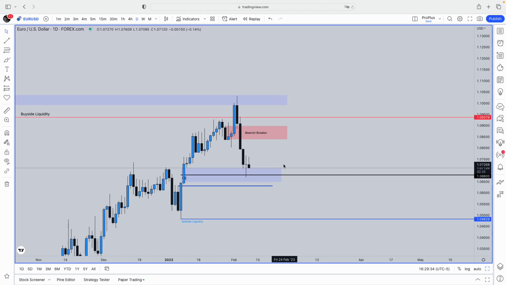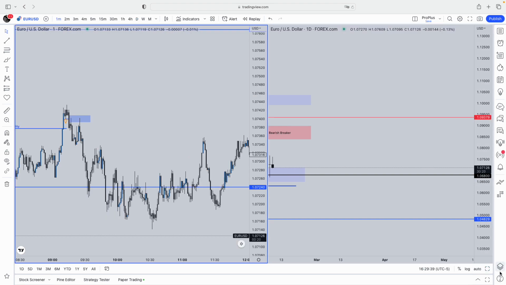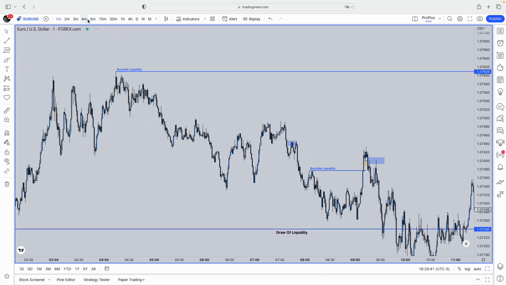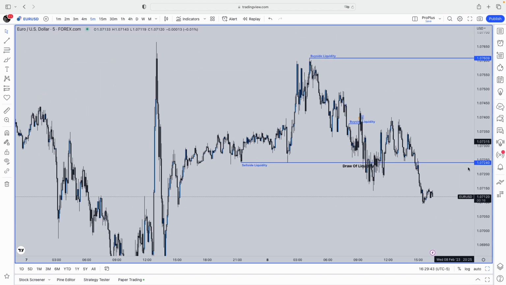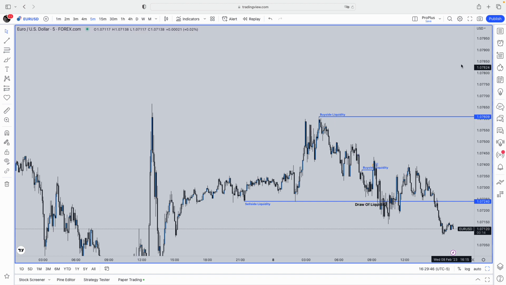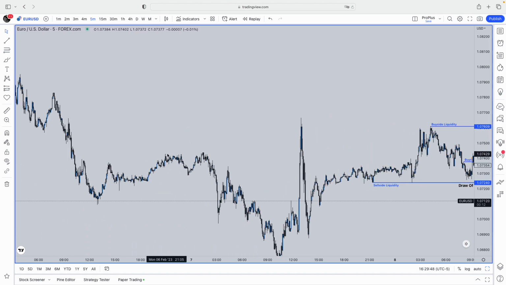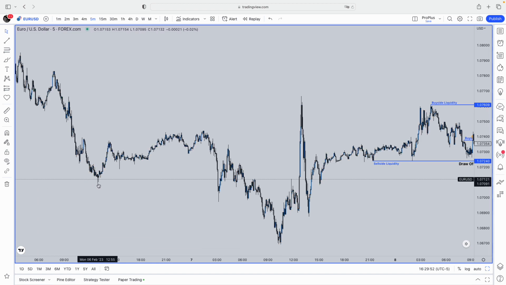So I'm just going to go into an intraday setup that I spotted today. So let's take a look. So we've gone to the 5 minutes. So yesterday there was buy side liquidity here and sell side liquidity down there.